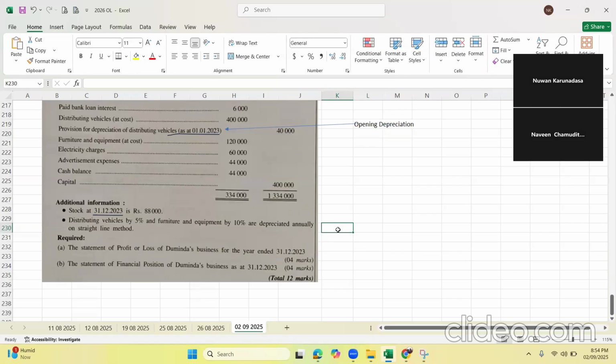Distribution vehicles by 5% and furniture and equipment by 10% are depreciated annually on a straight line basis. We will calculate.